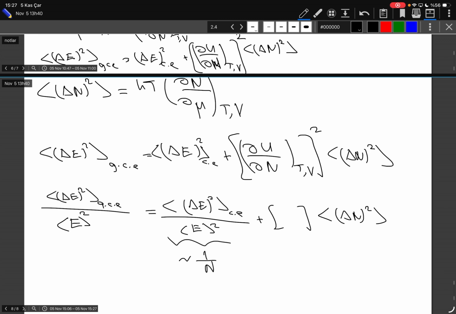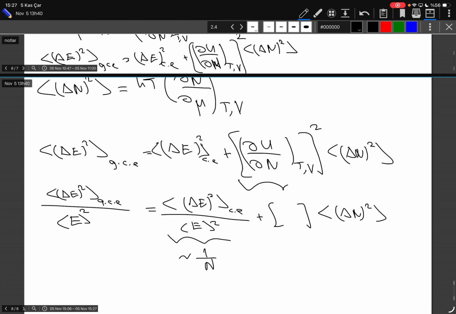Well, for N of the order of 10 to the power 23, that term is negligible. But look at this term. This parenthesis, well, it's an intensive quantity. U is extensive, N is extensive. The derivative of U with respect to N will be an intensive quantity.